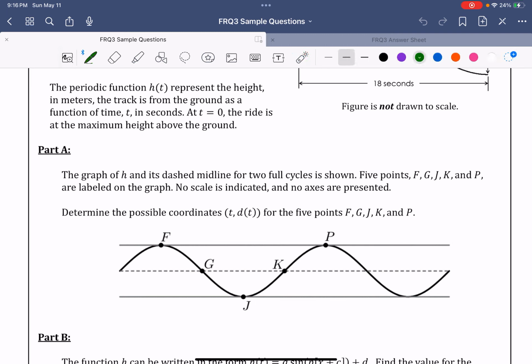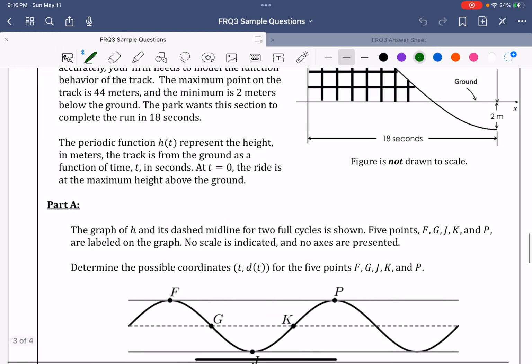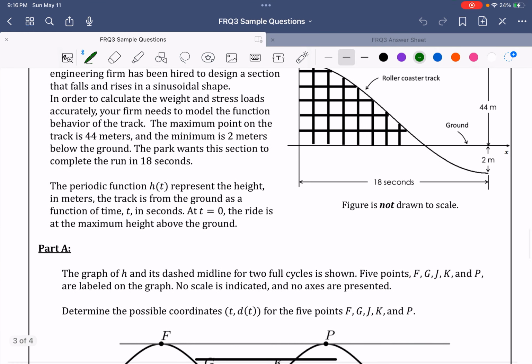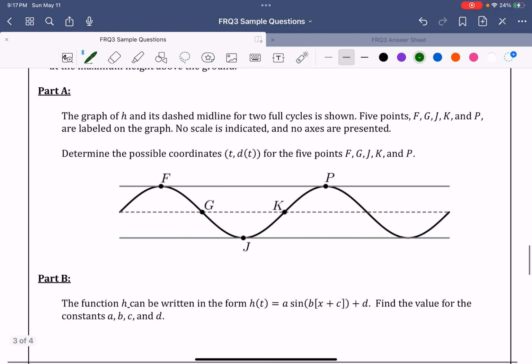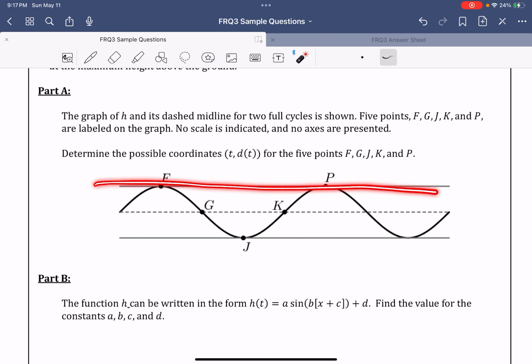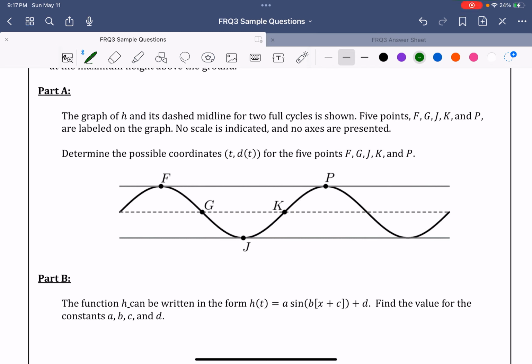Okay, so I'm going to go based off what they told me in the words. So the maximum point on the track is 44 meters. So on this graph here, maximum is this top point. Both F and P need to have a Y value of 44.